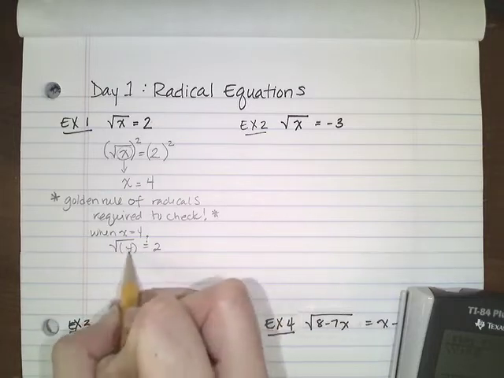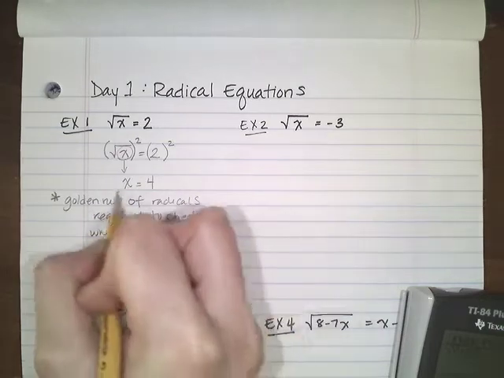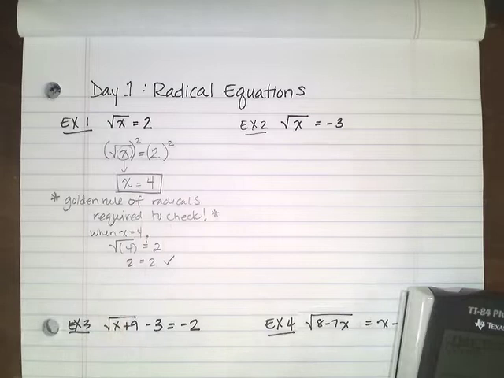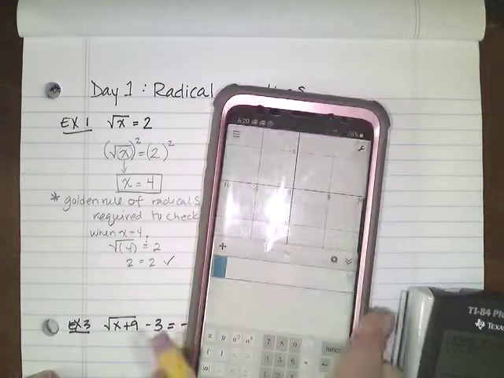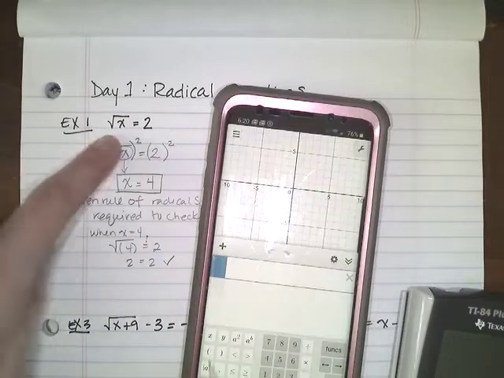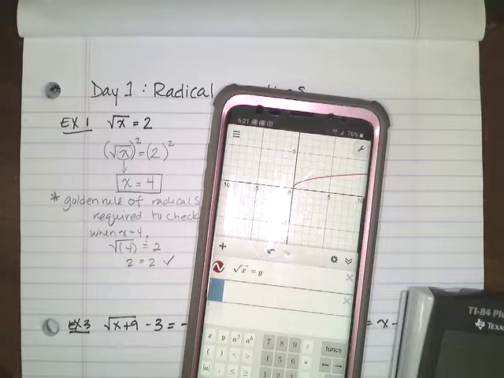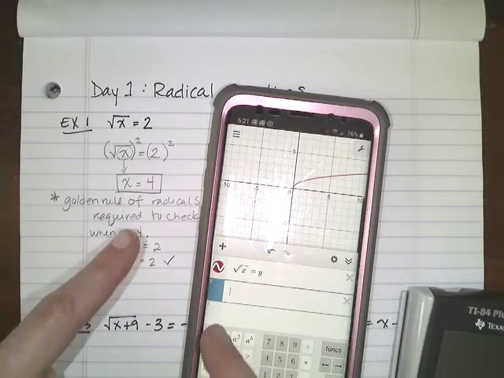So the square root of 4, is that 2? Yes, it is. So you say it works and you can accept 4 as your answer. The other way that we check is on Desmos. We all know that an equation can be checked by graphing the left-hand side equals y, and the right-hand side, which equals y equals 2.